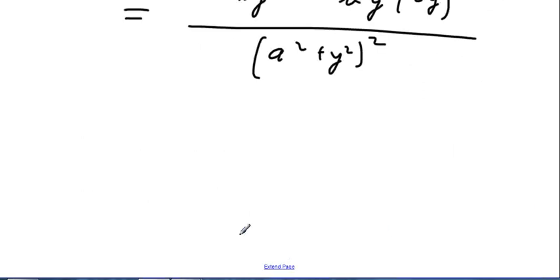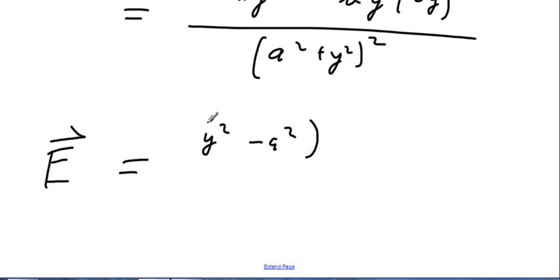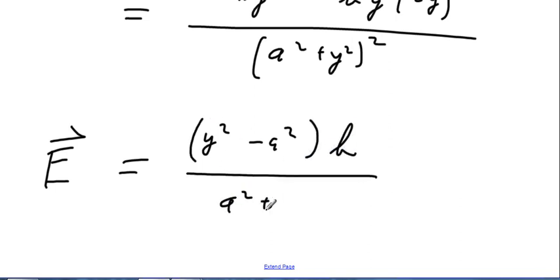And so the final answer is Y squared minus A squared times B, divided by A squared plus Y squared, squared. But this is only in the Y direction, so we have to throw in a j hat.